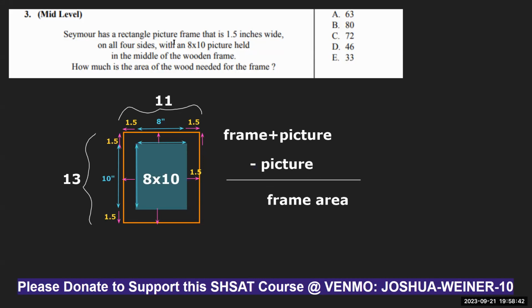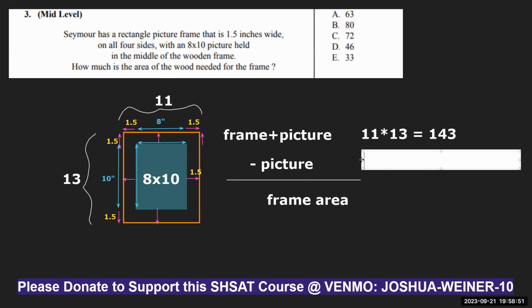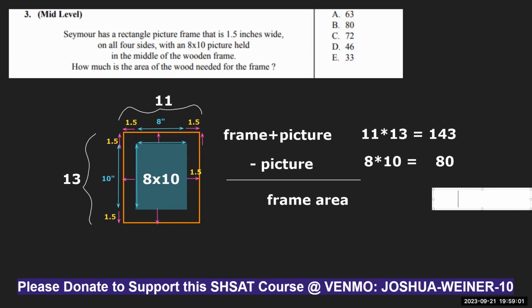So the frame and the picture is 11 times 13, which is 143. And the picture is 8 times 10, which is 80 units of area. And then 143 minus 80 is 63 units of area.